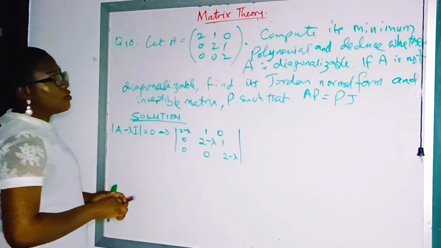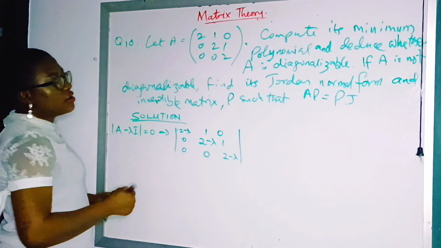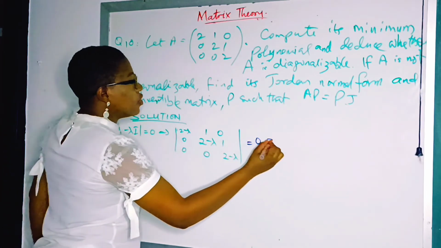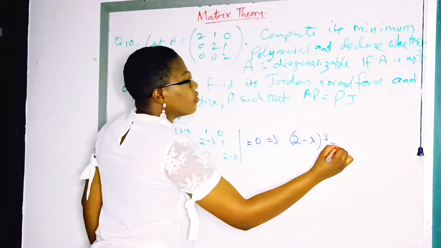This is an upper triangular matrix with 2 minus lambda on the diagonal, so the determinant gives 2 minus lambda cubed equals 0.